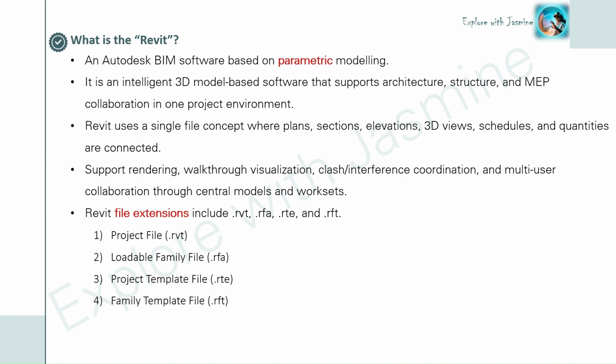In addition, it allows collaboration among multiple users through a common central model using worksharing and worksets. For coordination purposes, Revit supports clash and interference checking workflow through improved collaboration between Architecture, Structure, and MEP disciplines.